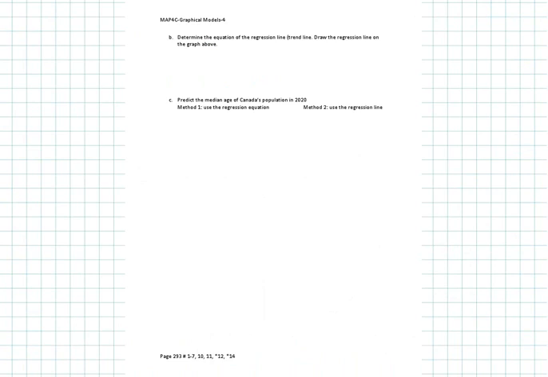Now, I already know what the equation is, right? If I want to answer C, predict the median age of Canada's population in 2020, I can use two different methods. I can use the regression equation or I can use the regression line.